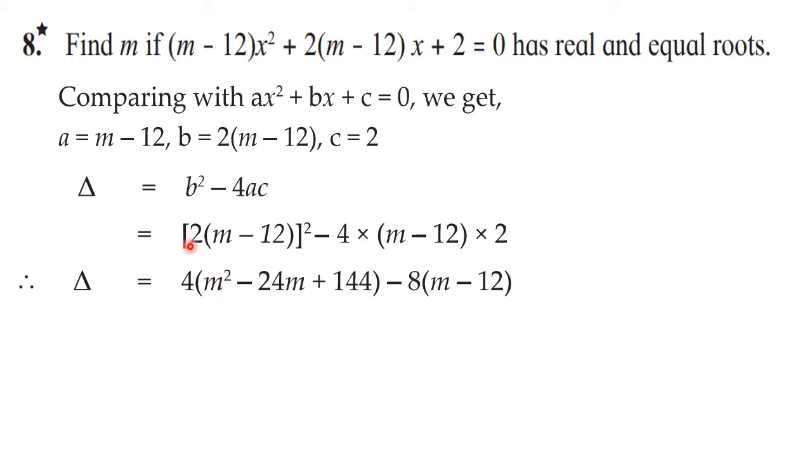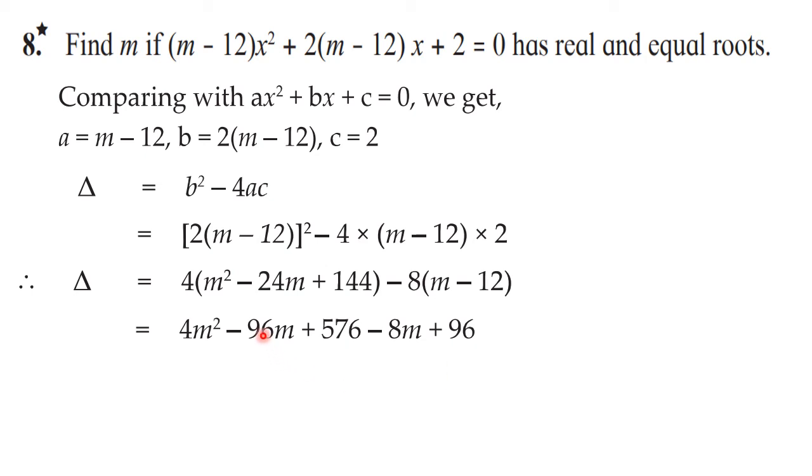See, once again 2 square is 4, and this bracket square we are going to get as 3 terms like this. And here 4 into 2 is 8, minus sign as it is, and this m minus 12 is written in the bracket only. Now let us expand these brackets again. Here we will get 4m square minus 96m plus 576, and when you open this bracket, minus 8m, and minus 8 into minus 12 you get 96.